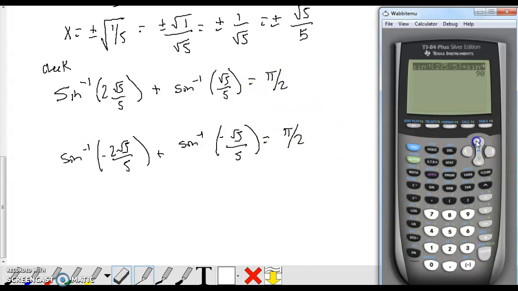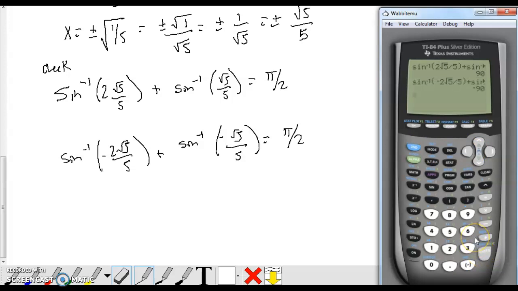I'm going to go ahead and click on it again, and I'm going to insert some negatives. So second insert, negative, so I just made it negative. And I'm going to insert again, second insert, negative. Go ahead, press enter.